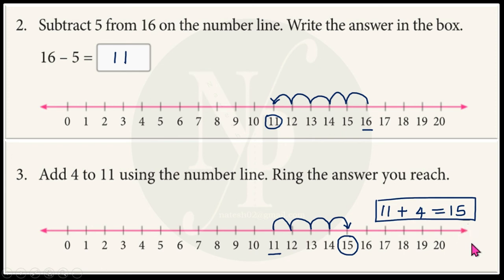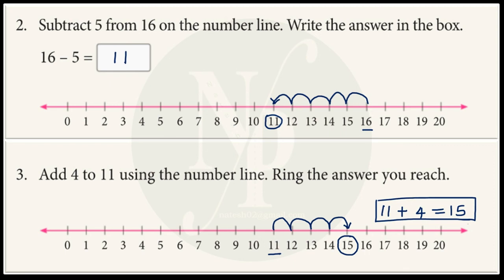So this is how we can make use of a number line to add or subtract the given numbers. I hope you understood all these methods of adding and subtracting using number lines, and even without using number lines, by writing the numbers vertically or one below the other.